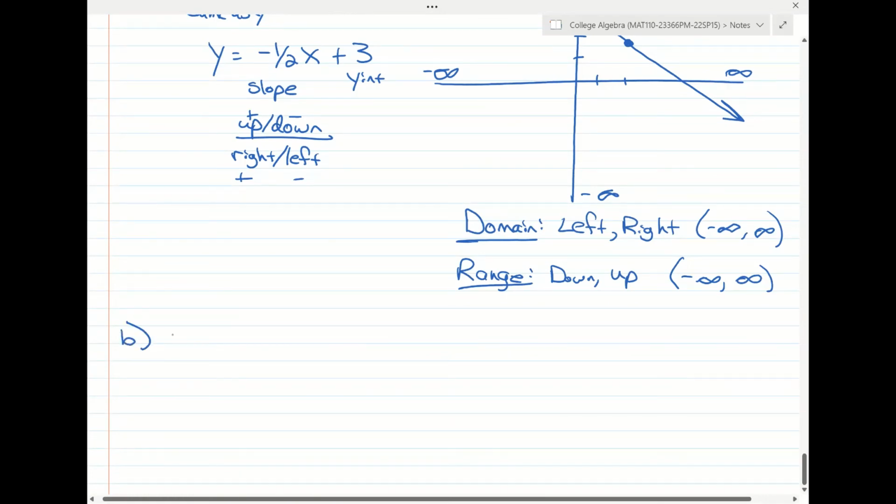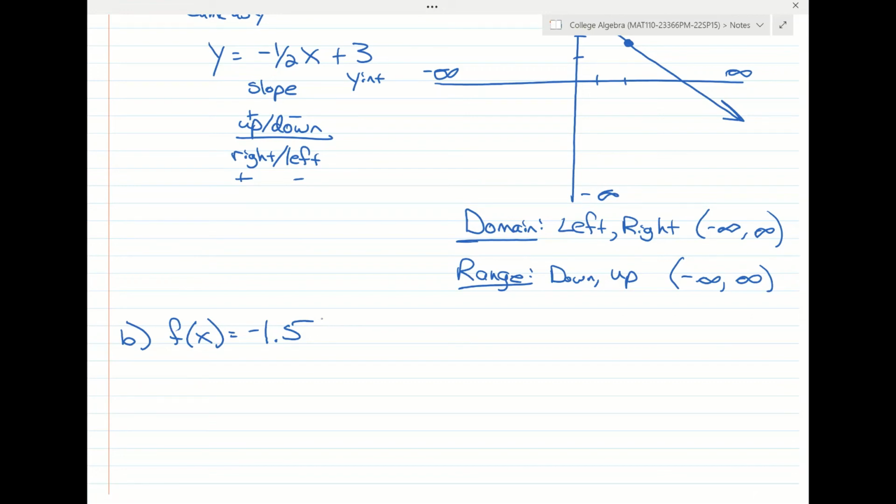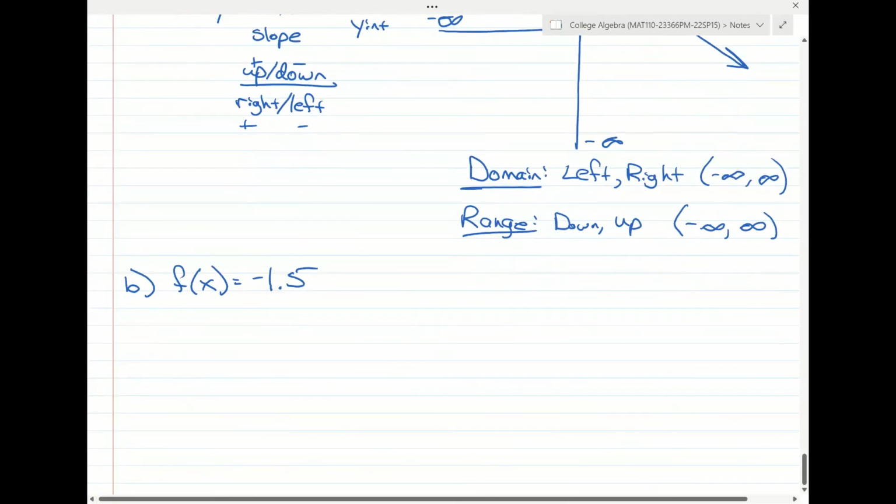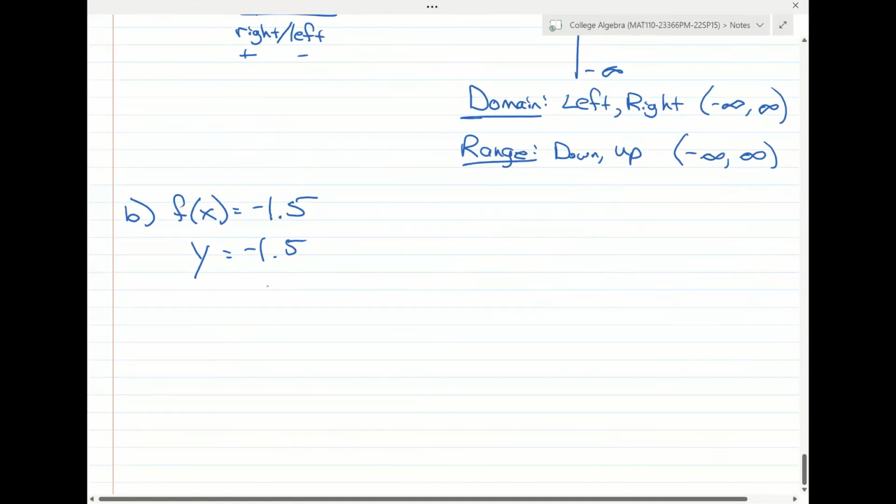If we had a problem like this, f of x equals negative 1.5. Remember, f of x is the same thing as y. Y equals negative 1.5. Is that a horizontal line or is that a vertical line?